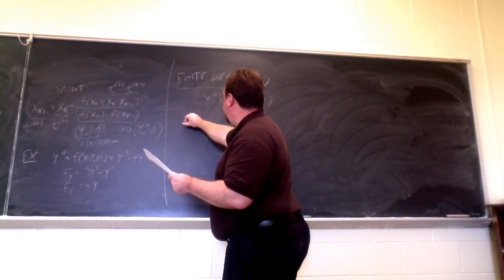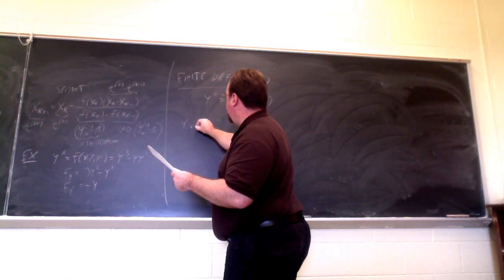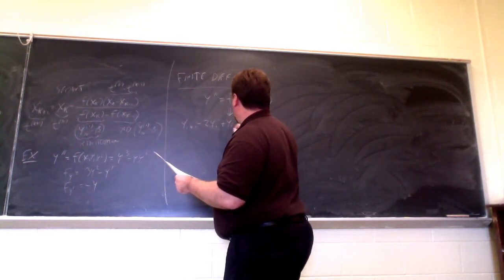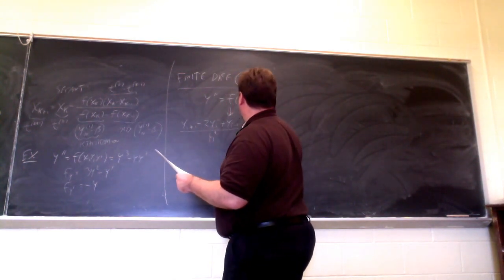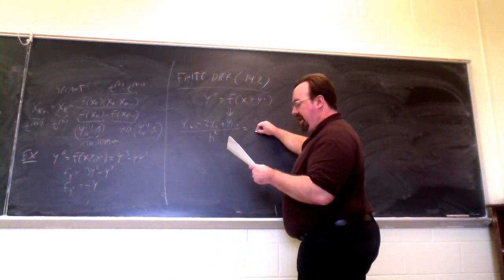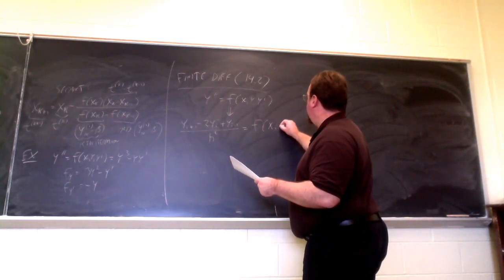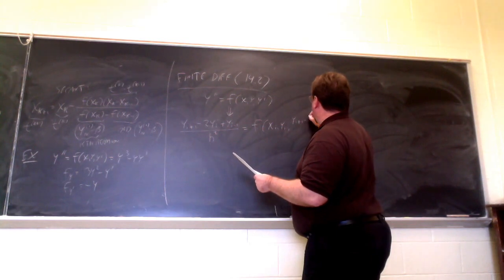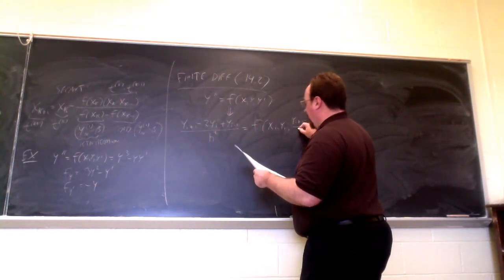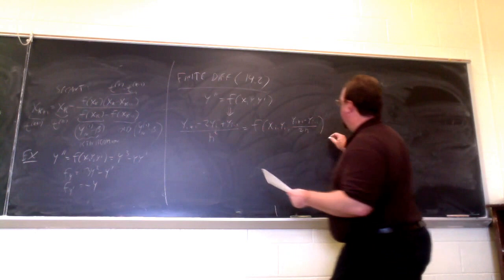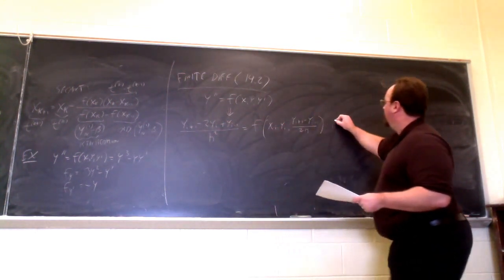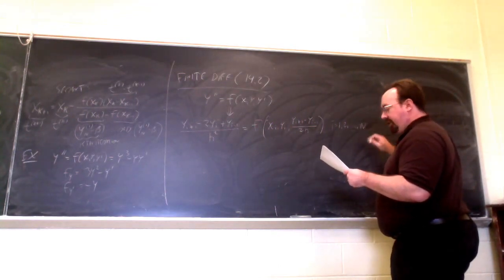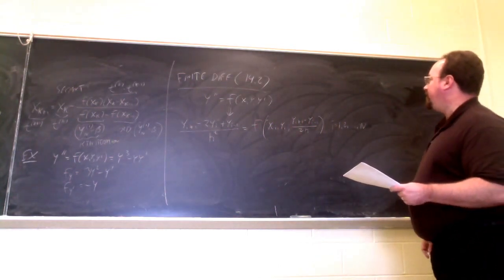So for a second derivative, it's a standard difference, yi plus 1 minus 2yi plus yi minus 1 over h squared is equal to f of xi, yi, and then the first derivative uses a standard difference again, yi plus 1 minus yi minus 1 all over 2h, up to n.